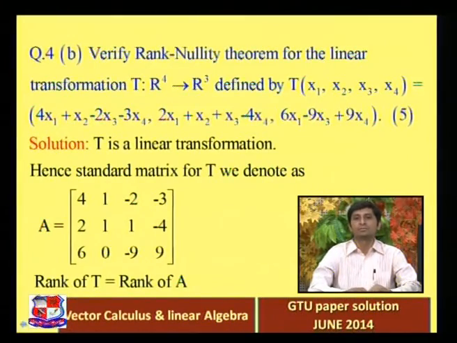Okay, now the rank of T is equal to the rank of A, that is, the rank of the standard matrix of the transformation T. To find the rank of a matrix, we convert the matrix into row echelon form, and the number of non-zero rows in that row echelon form is exactly the rank of the matrix, and that is the rank of the transformation, right?